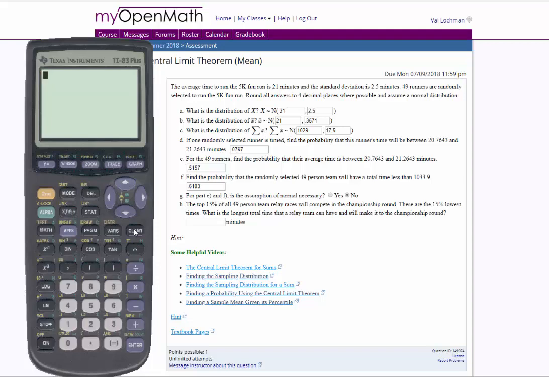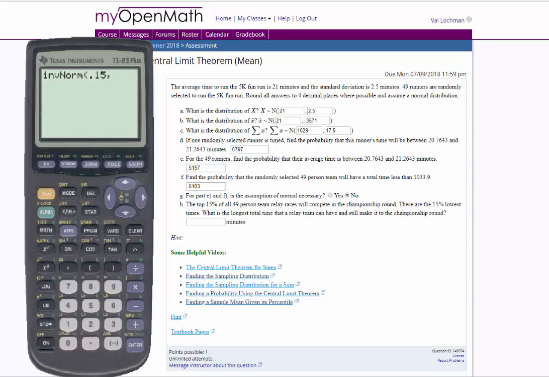If I need to find top or bottom percentages, I'm using the inverse normal command. So I'm going to go to second, variables, inverse normal. I need to find the smallest, bottom 15%, so that's 0.15, even though they're the top as far as the time goes, because the top for running is the shortest amount of time. You want to run as fast as possible. That's why, for the distribution in this case, the top scores are actually located on the bottom of the distribution.